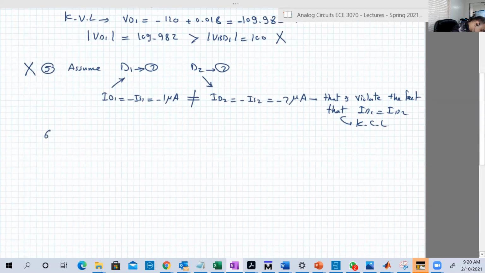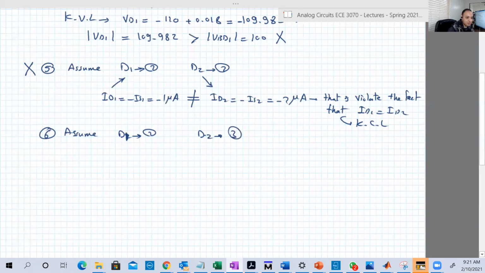Number 6. Assume D1 is in 2 and D2 is in 3. That's an easy one, okay? So if D2 is in 3, which is breakdown, that means VD2 is equal to minus 100. Minus 100, okay?